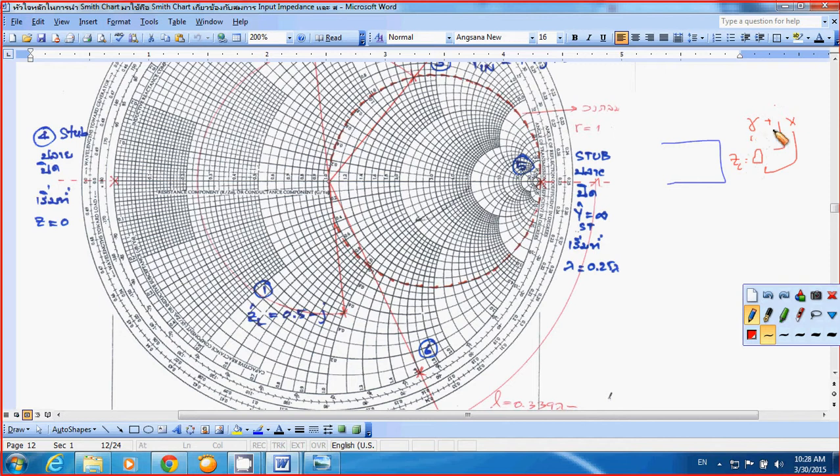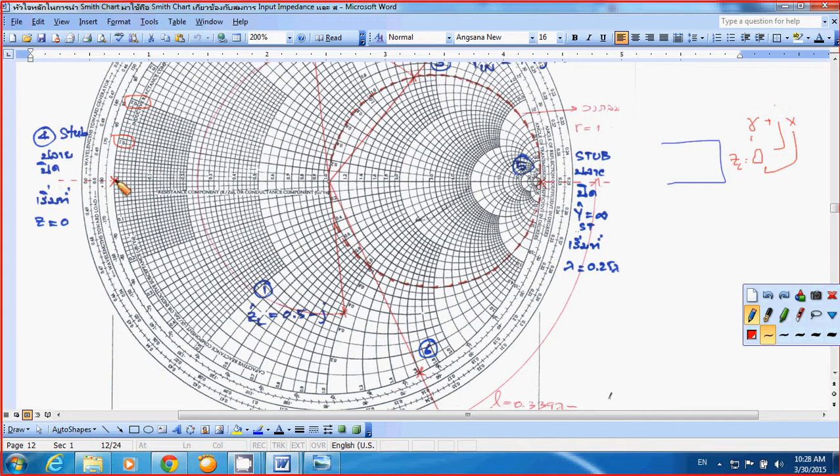R equals 0 and X equals 0, so you start at this point, right? Because on the circle for R, you start from 0 and the number increases as you move from the left to the right. This one is 0, 0.1, 0.2, and of course this one is infinity. And for the imaginary part, this is 0.1, this is 0.2. So this part also gives you imaginary part of 0.